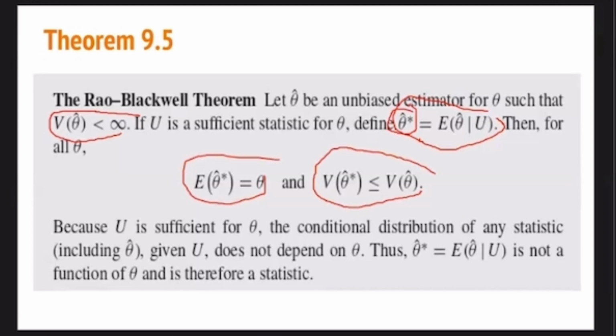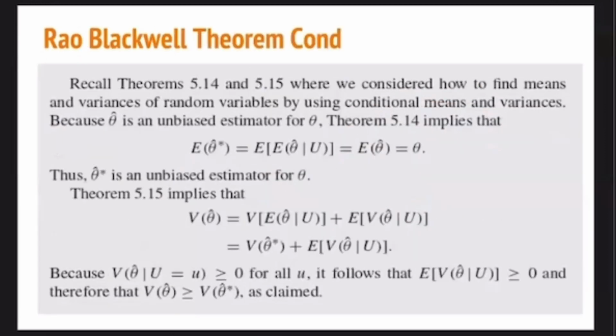Because of that, we first want to show that the expectation of the linear combination, theta cap star, equals what you have in the parentheses. We want to show the world that theta cap star is unbiased. Theta cap star is a function of what?